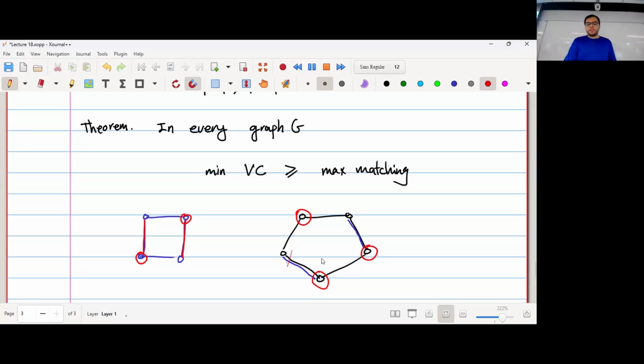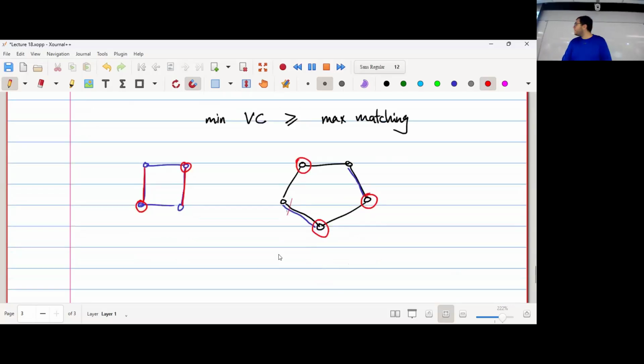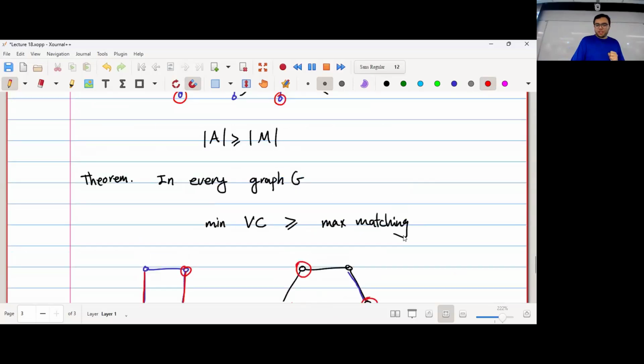But of course, there is a reason I was showing you these examples. The first example is an even cycle. The second example is an odd cycle. So you can probably guess what the next theorem is going to be. If I don't have any odd cycles, which means if my graph is bipartite, then these two are equal. Minimum vertex cover is equal to maximum matching.